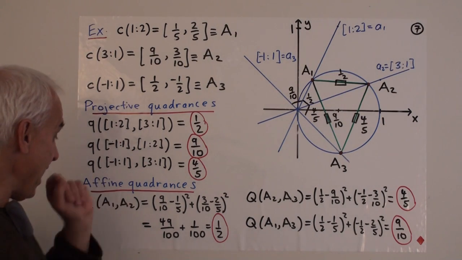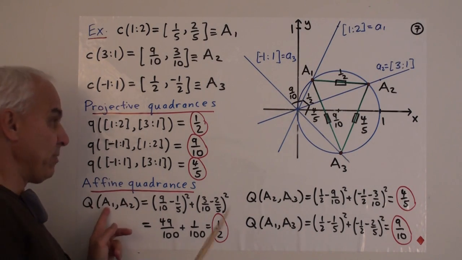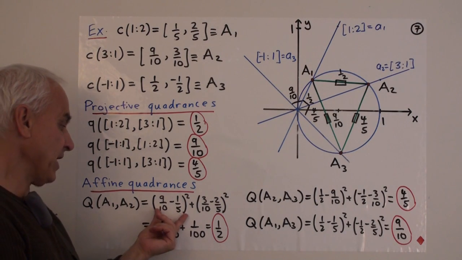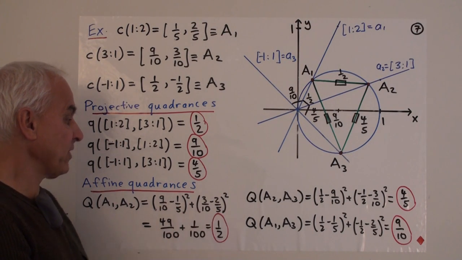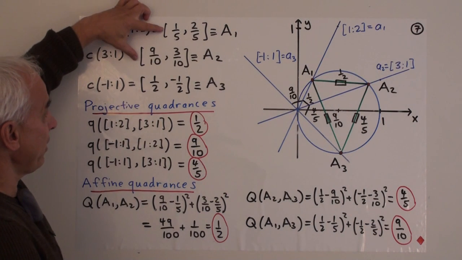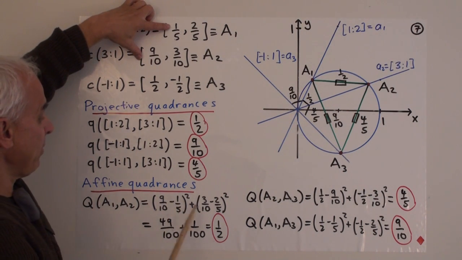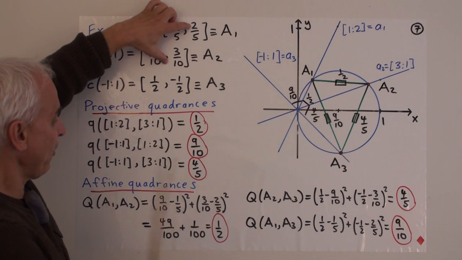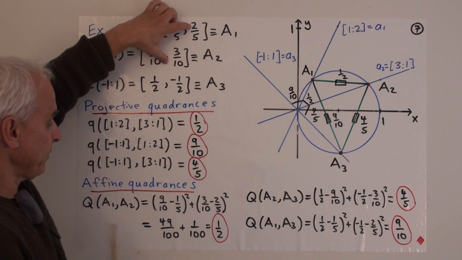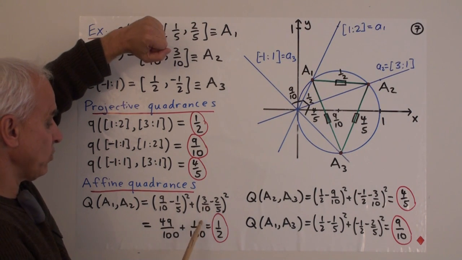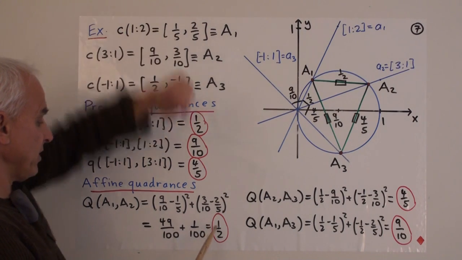If we calculate the affine quadrance, capital Q, between A1 and A2, so the difference in x coordinates squared plus the difference in y coordinates squared, there they are there. So 9/10 minus 1/5 all squared plus 3/10 minus 2/5 all squared. So that's 7/10 squared, that's 49 hundredths. And that's 1/10 squared, that's 1/100th, for a total of 50 hundredths, or 1/2.